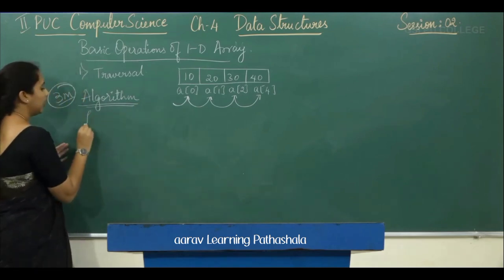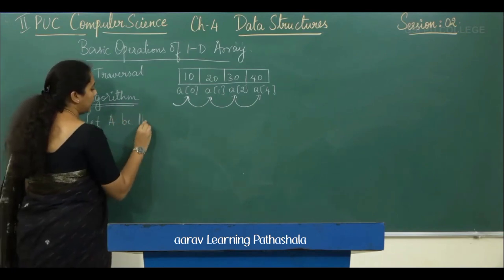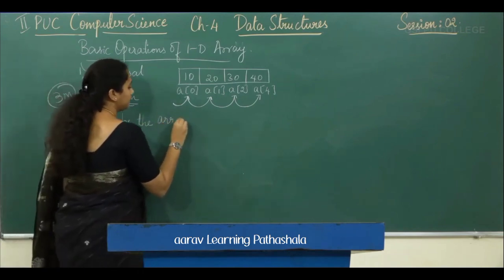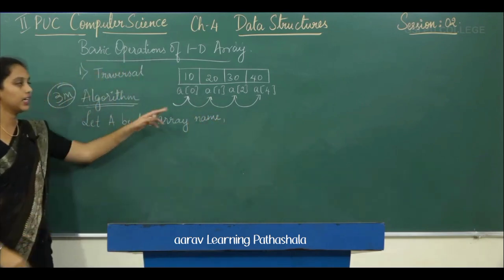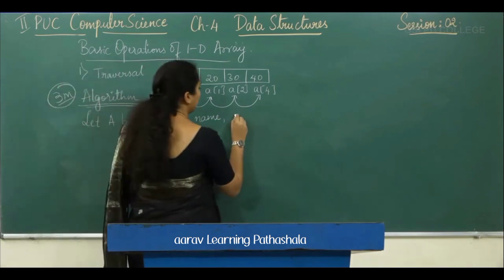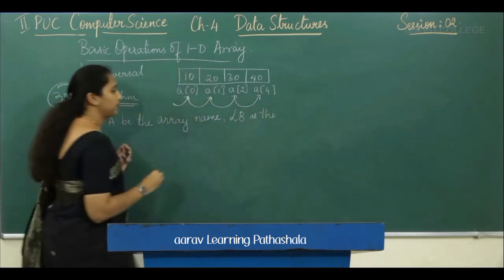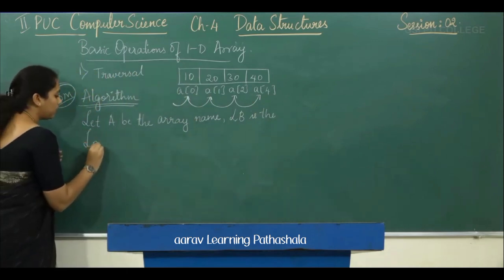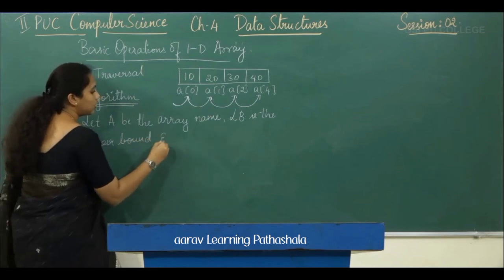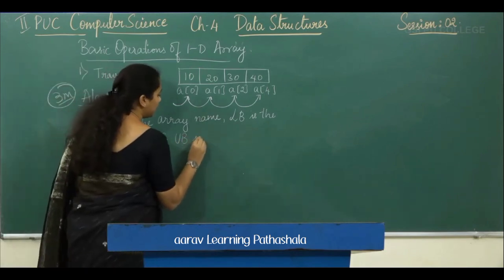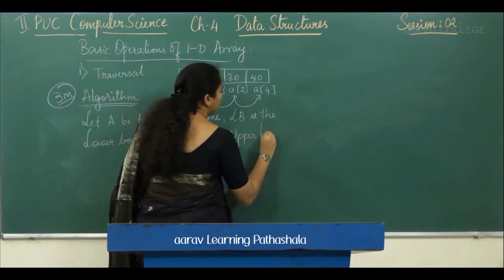Here let A be the array name. So the name of the array is A. Then LB is the lower bound of an array, and UB is the upper bound of an array.